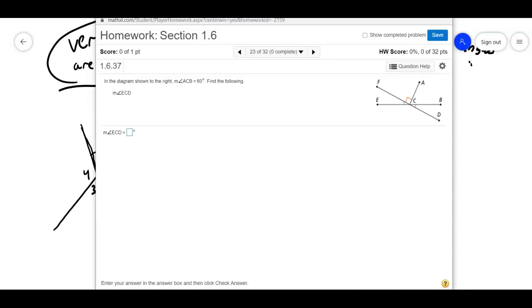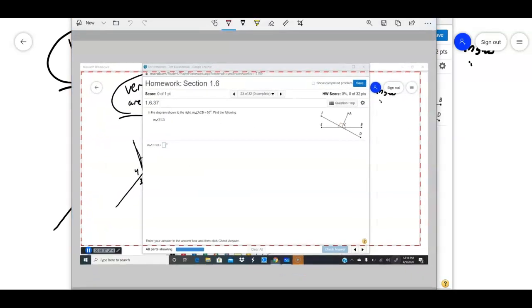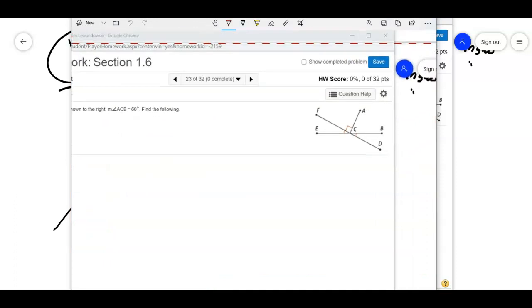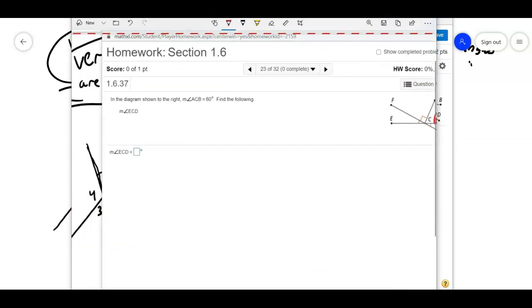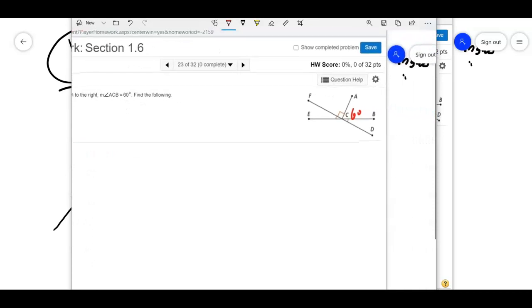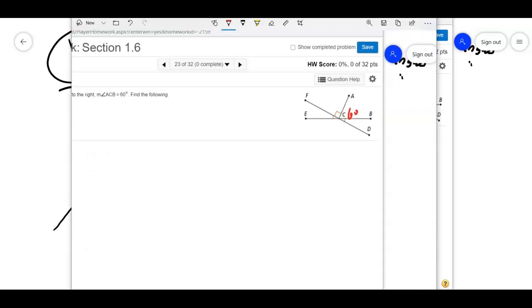Okay, on this one, ACB is 60. Can we find ECD? Okay, so we know this one here is 90.